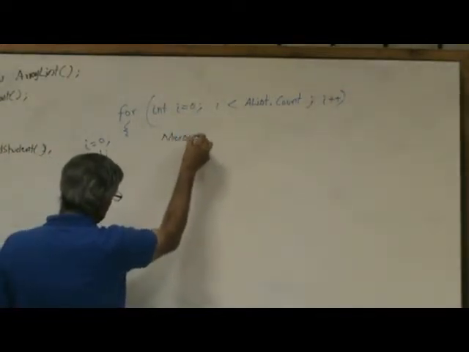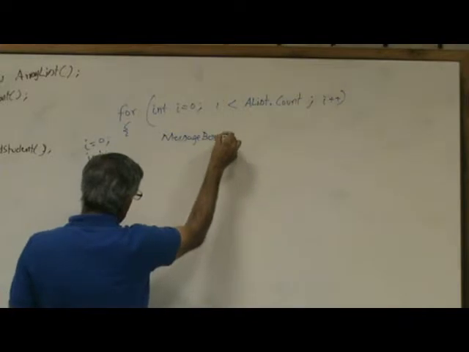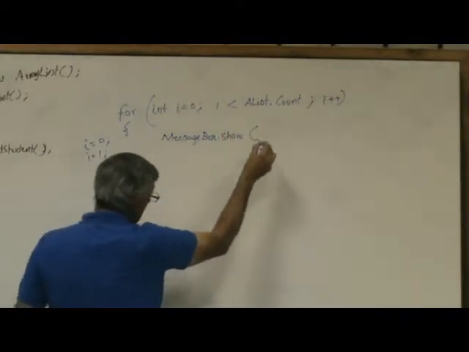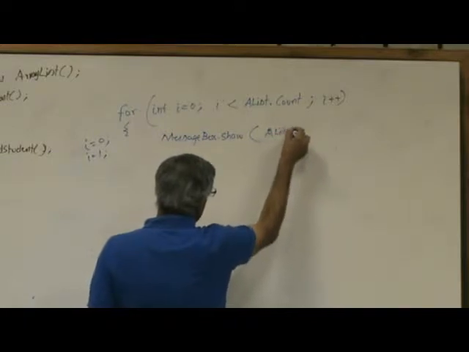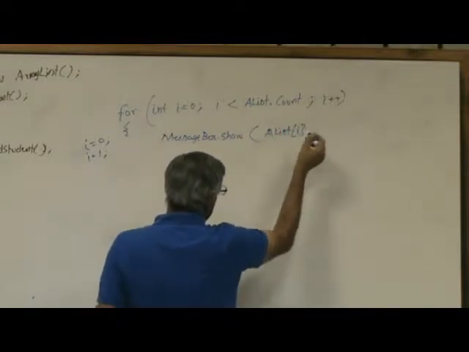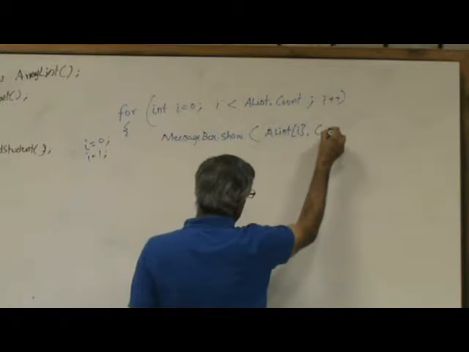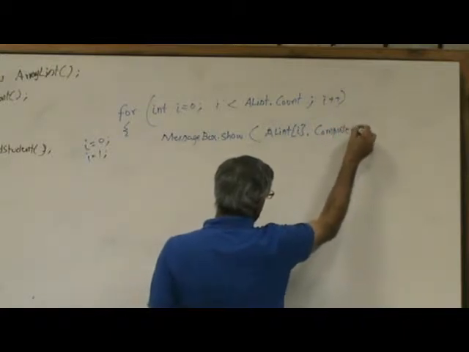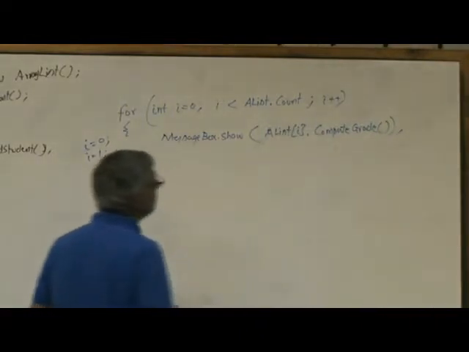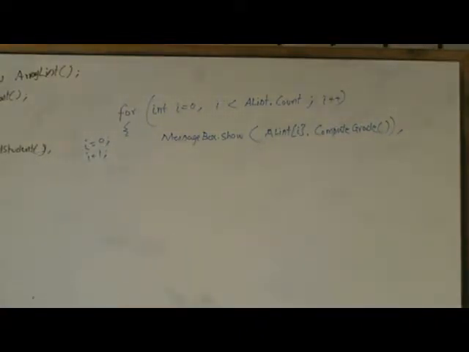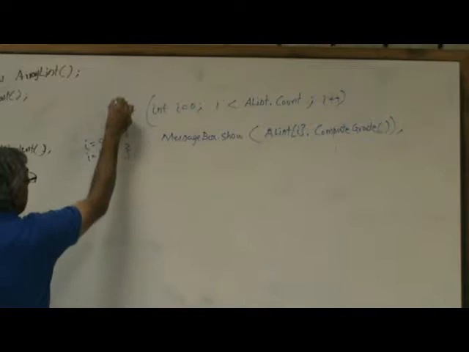Message box.show. And a list of I compute grade. What will happen? Will this code compile or won't even compile?